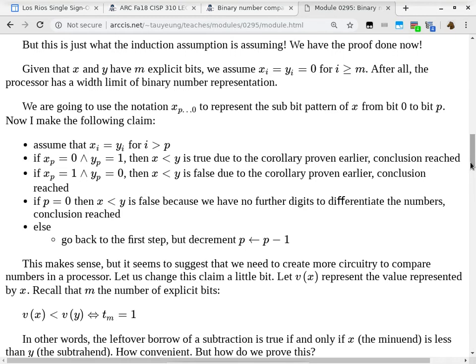In other words, for the first bit from the left that is different, we look at which one is a 1 and which one is a 0. If x is the binary number that has a 0, while y has a 1, and that digit, xp and yp, is the first digit from the left that is different, then we can conclude that x as a binary number is less than y as a binary number.